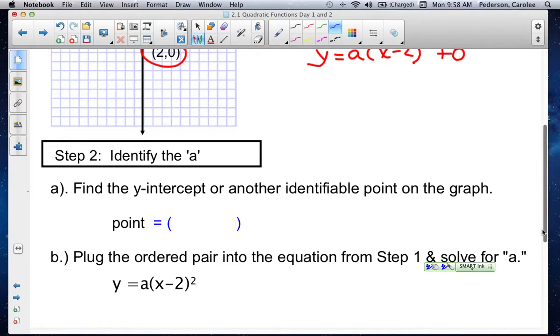If you don't want to write these steps down again, it'll probably go a little quicker. You've seen it once already, and I still have them up there for you so you can follow along. The next step is to find the y-intercept or another identifiable point on the graph. So we said the other point is (0, 3).